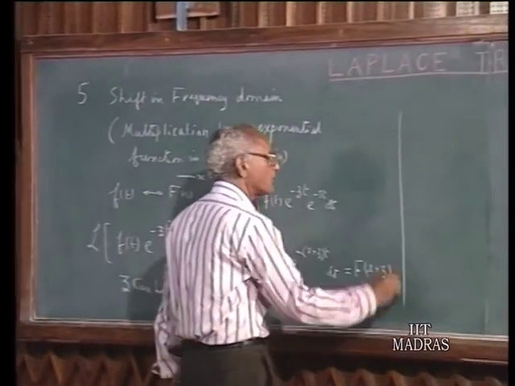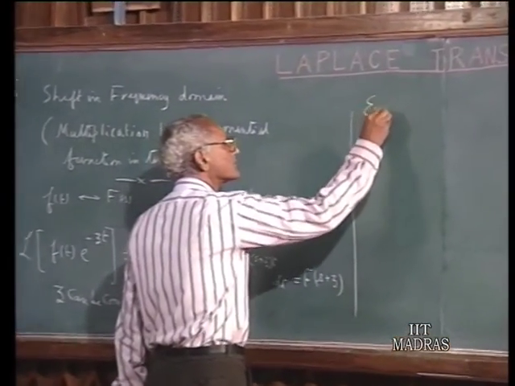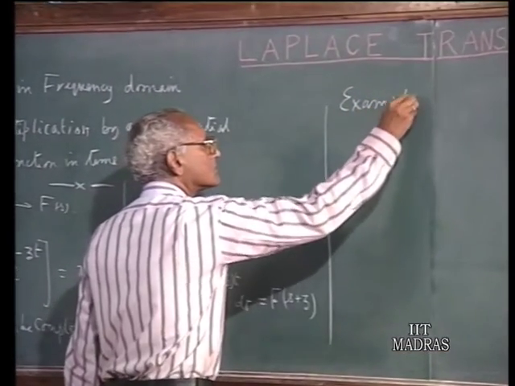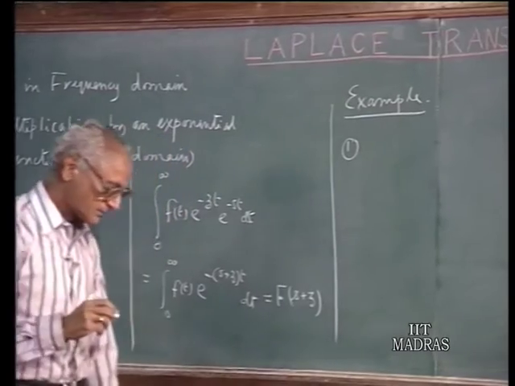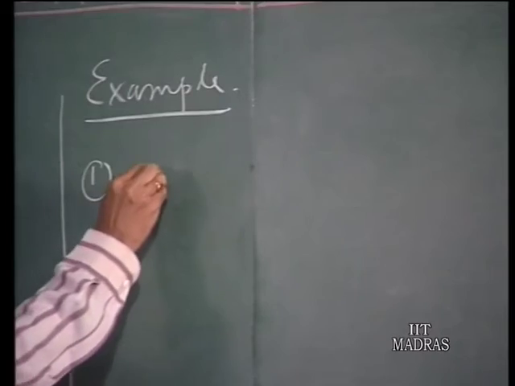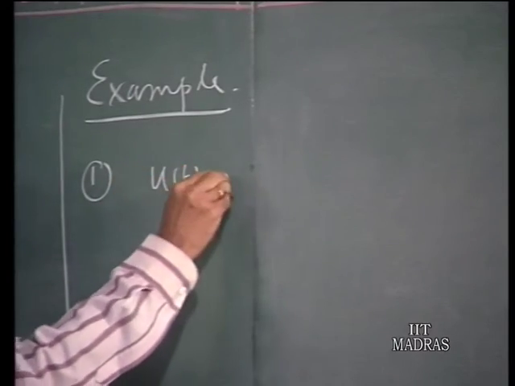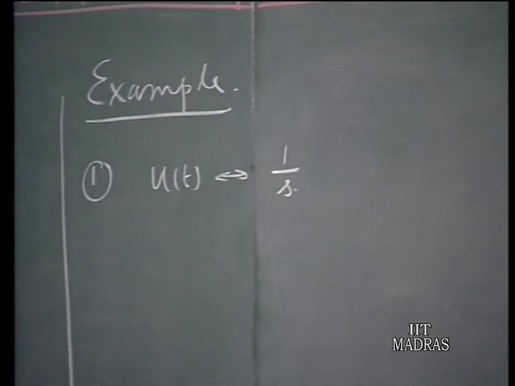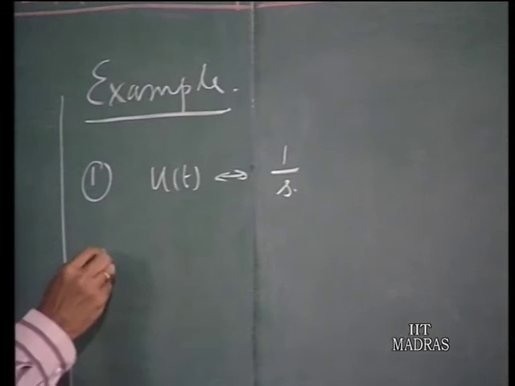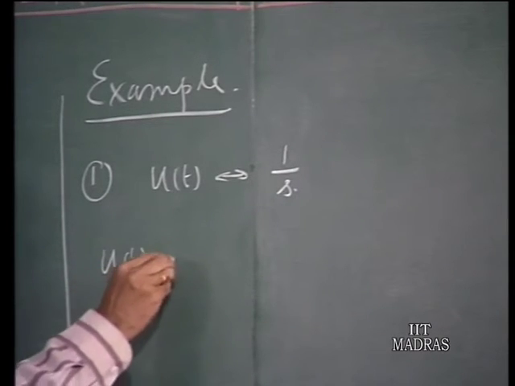Let me take an example. Suppose we have u of t, we know that its Laplace transform is 1 over s. Now, let me multiply u of t by e to the power of minus alpha t.